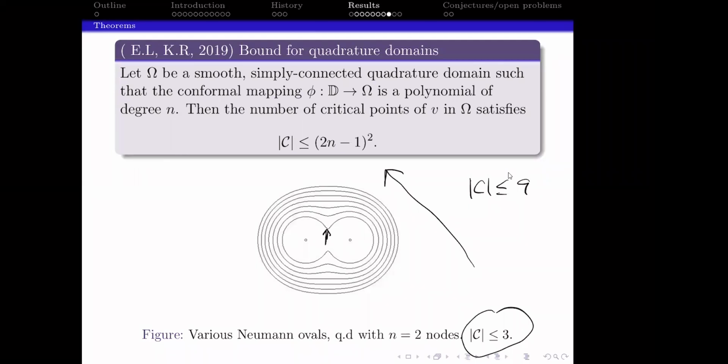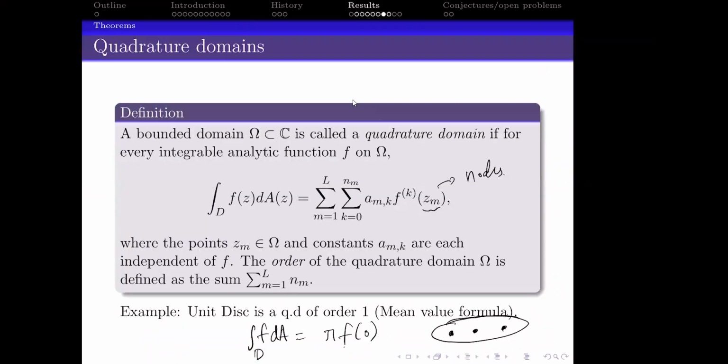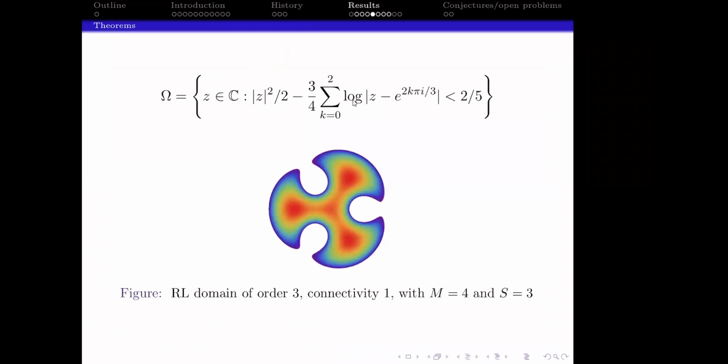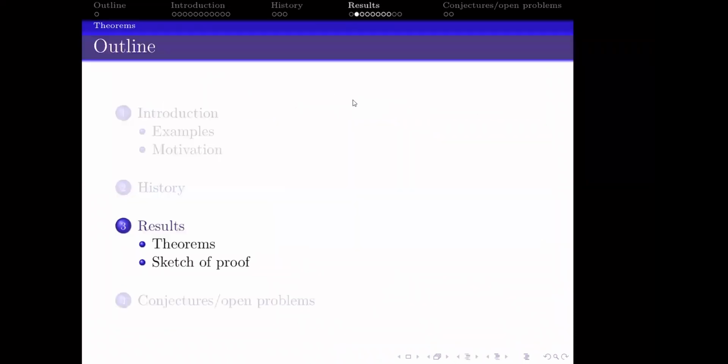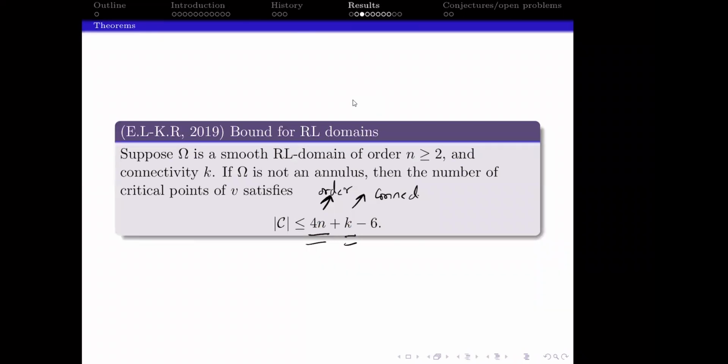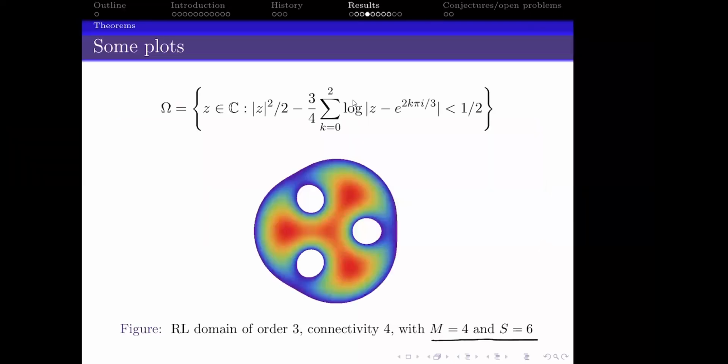Just how sharp are these bounds? So for the rational landscape domain, let me go back. Siva asked one question about it. The bound is 4n plus k minus 6, and we know that there are domains where this is attained. Here, n, the order, is 3, k is 4, and what is 4n plus k minus 6? 12 plus 16 minus 6 is... exactly 10.